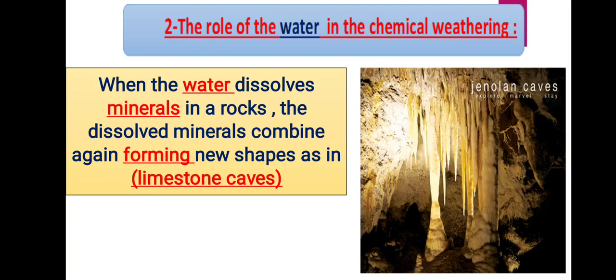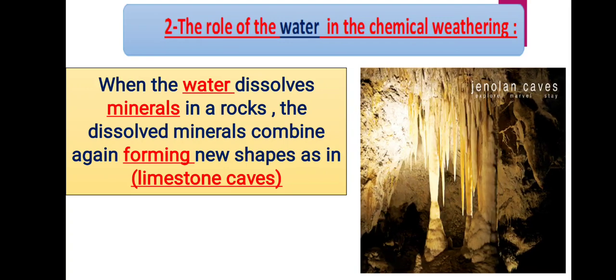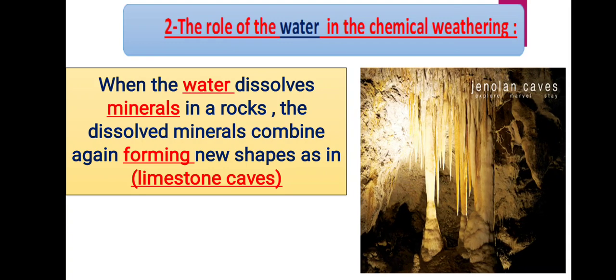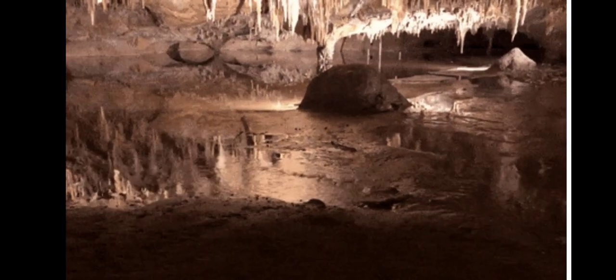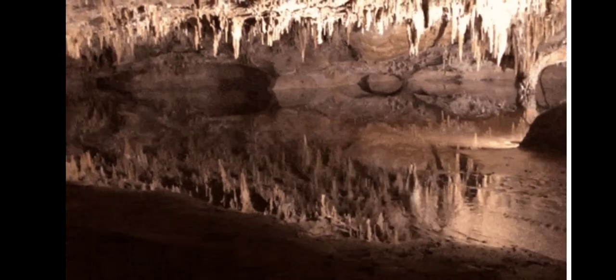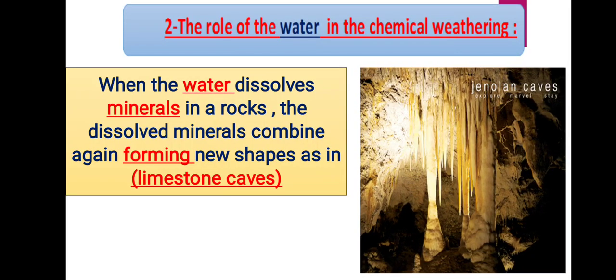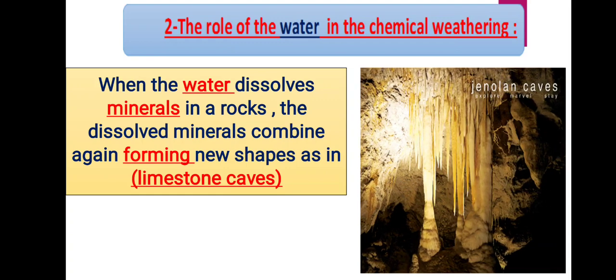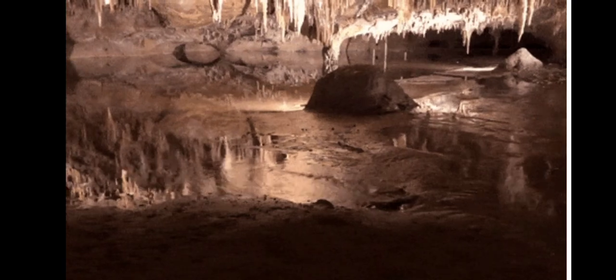After that, these minerals will combine together one more time and form new shapes. These shapes are called limestone caves. So the limestone comes from the dissolved minerals. When the dissolved minerals of the rock combine together one more time, it will be limestone.